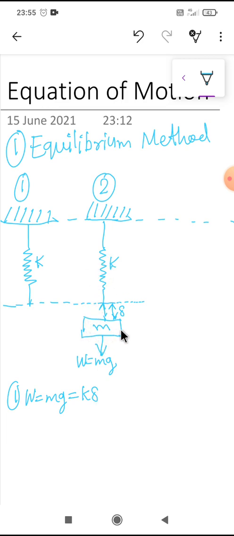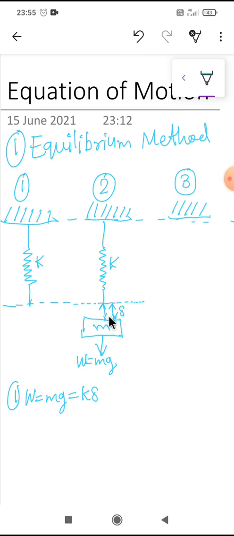Now we will move to the third position. So what is the third position? Here the spring is moving in the up and down direction, that is, it is moving in vibratory motion.